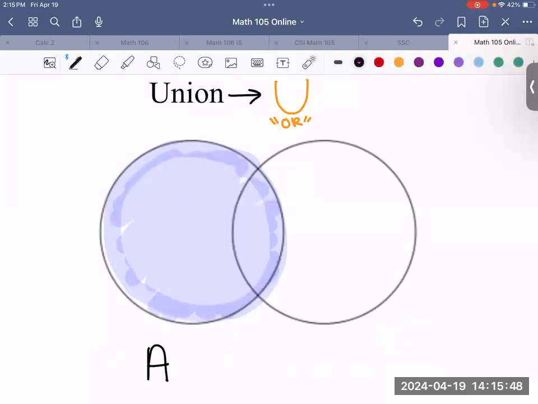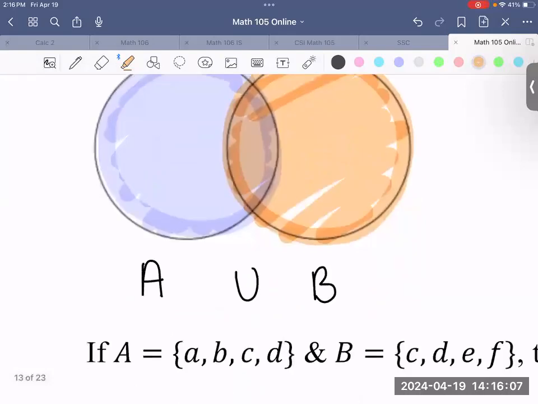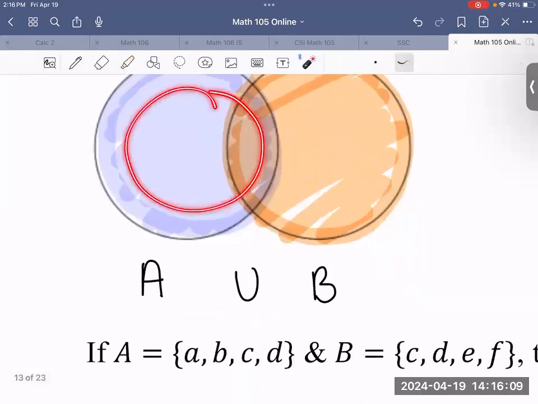We're going to take all of A or all of B. So all of A, all of B, or both of them.